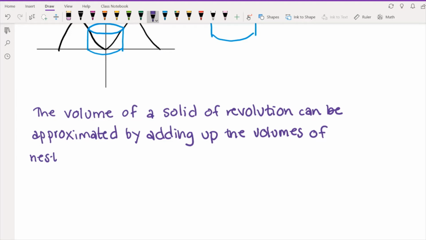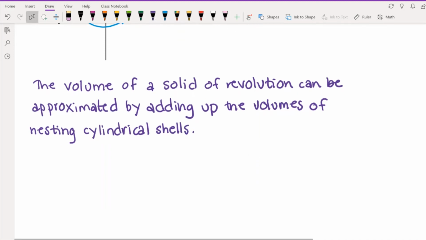Again, that word nesting just means you have one fitting within the other one within the other one. Okay, so let me write that out as a mathematical statement.